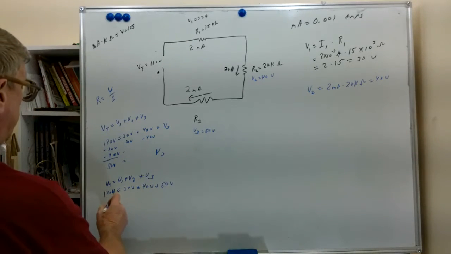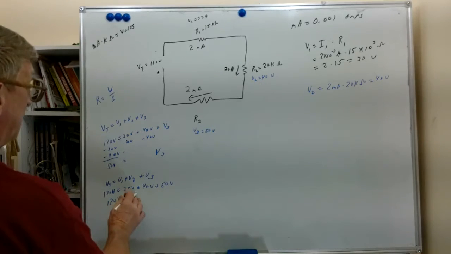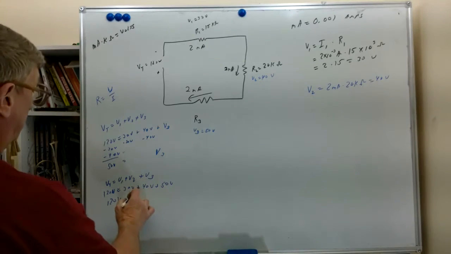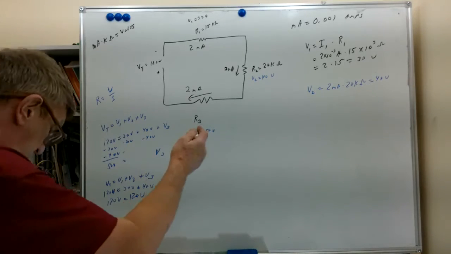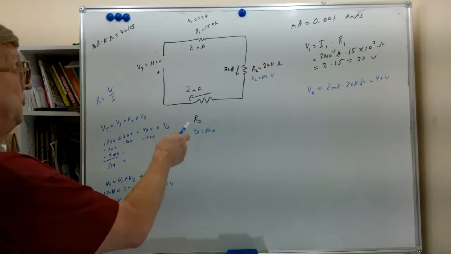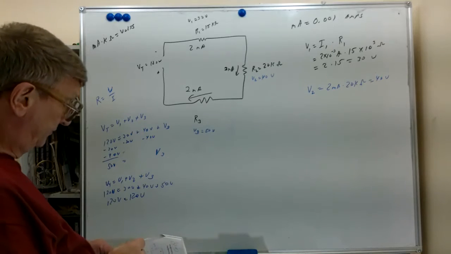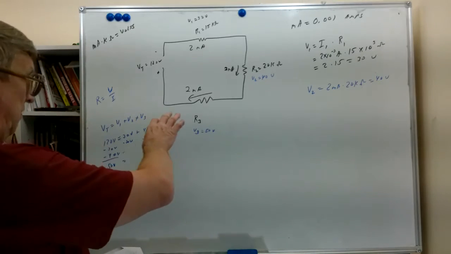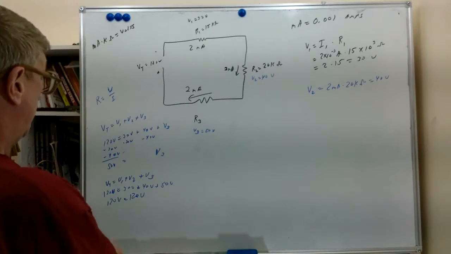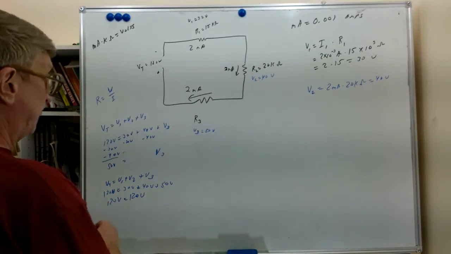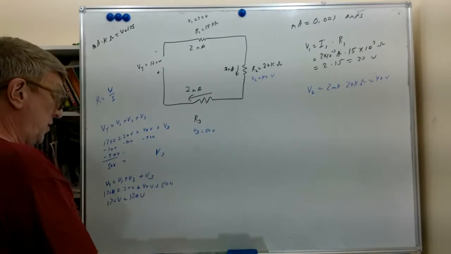Well, 30 plus 40 is 70, plus 50 equals 120 volts. So we found the voltage across R3 using our series voltage formula. And now we've checked back to make sure that it was right. It looks like it was.